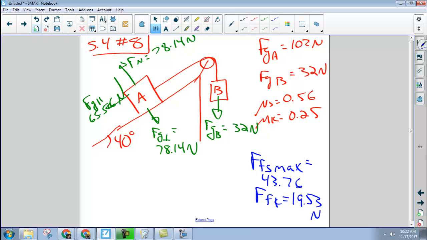So for question A, you're going to have a force of friction static, that's an F, that's big enough to make your net force 0. So in other words, 32 minus 65 plus something equals 0. Follow? Yes. Justin, you good? Everybody good?